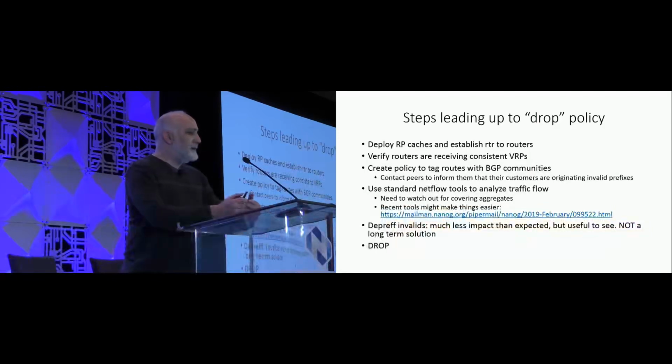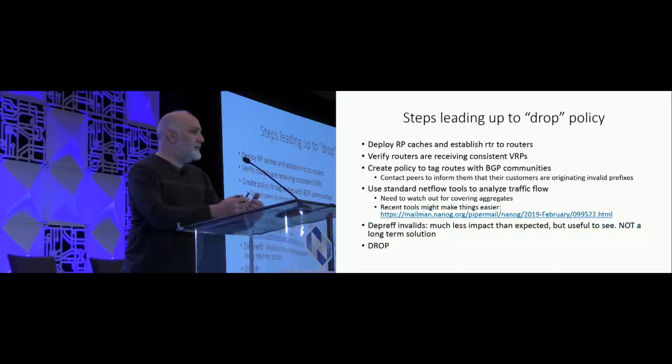So we put in just a regular policy on our BGP sessions to apply a BGP community. Once that BGP community is in place, I can use my standard NetFlow analysis tools to look at that traffic and see what that impact's going to be, what traffic matches those communities.